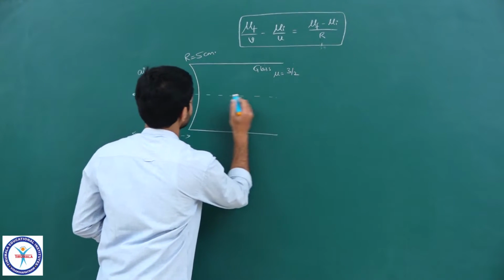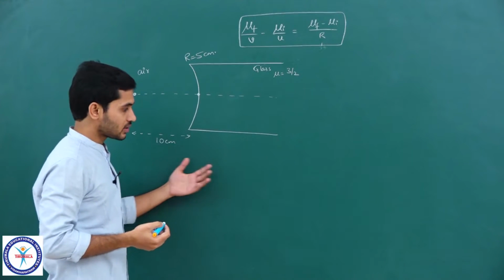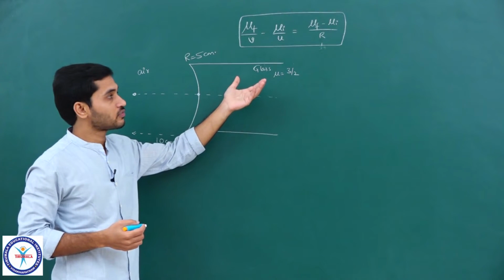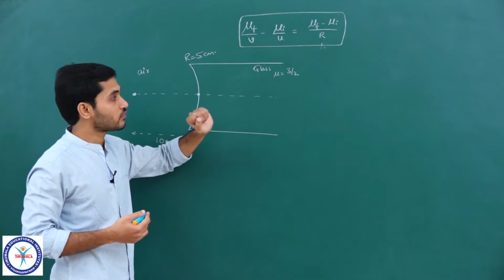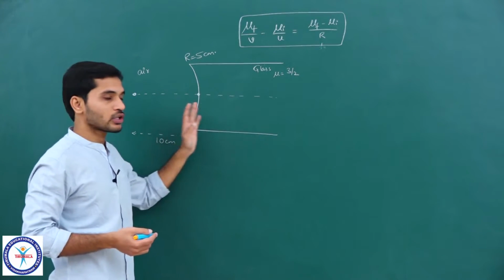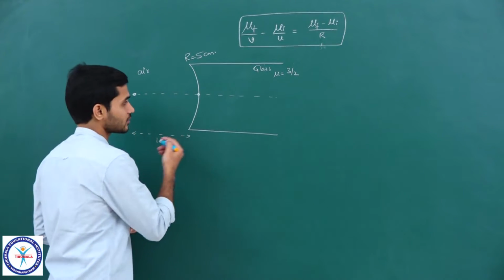Okay. So, principal axis, pole. What I will do is first write the spherical surface refraction formula. I will find where the image is formed, and based on that I will also draw the ray diagram to understand how the image is being formed. Clear? So, let us first apply.